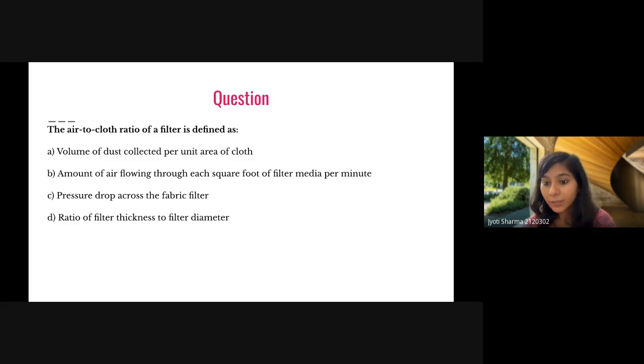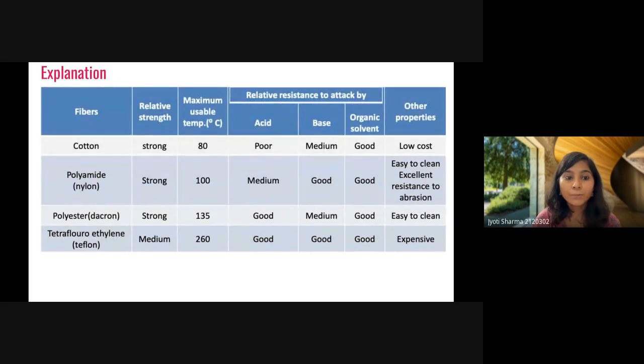Venkateshwar gave me the B answer. Yes, this is the amount of air, in the form of flow rate, flowing per unit area of filter media per minute. This is known as the air-to-cloth ratio.